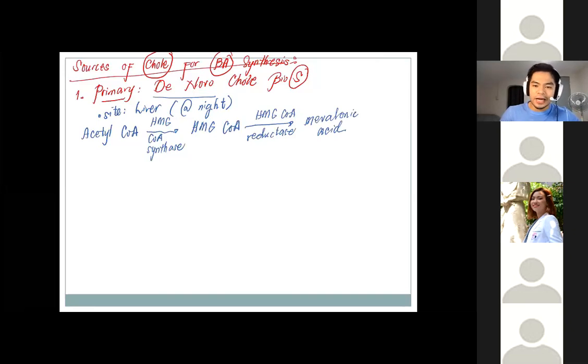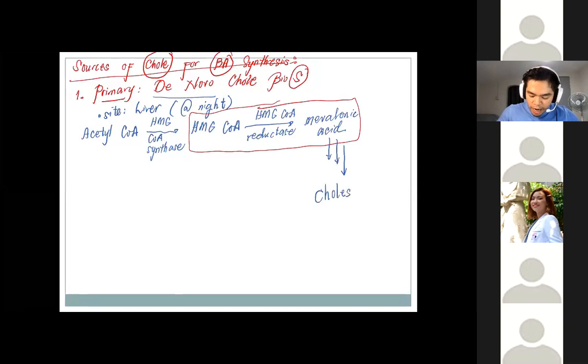So I repeat, via HMG-CoA reductase, there is reduction of HMG-CoA forming mevalonic acid. Take note that this catalytic reaction is the first committed step, meaning kapag nangyari ito, sunod-sunod na ang mga events that will happen para makabuo ang liver finally ng cholesterol.